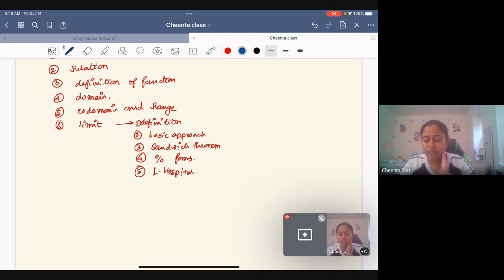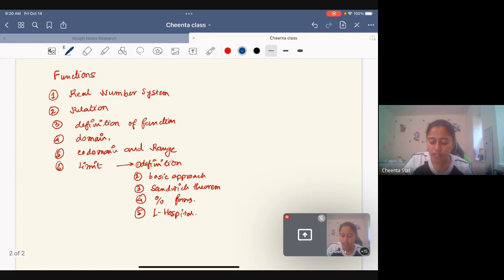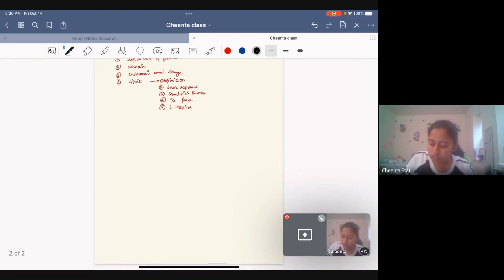So it's really beneficial if you read the book, and if you can read the book, then you'll be a master in relations and functions. Okay. So this is the class plan.